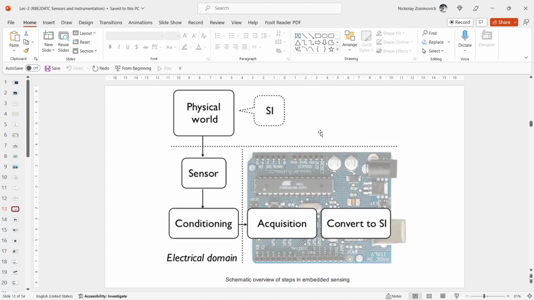For every type of transducer, a number of strategies for interfacing, accompanied by useful conditioning circuits, exist.